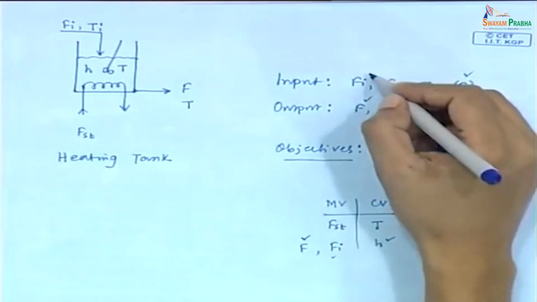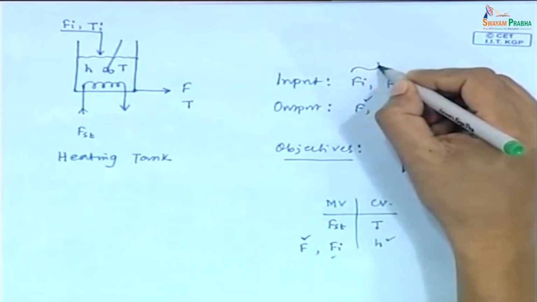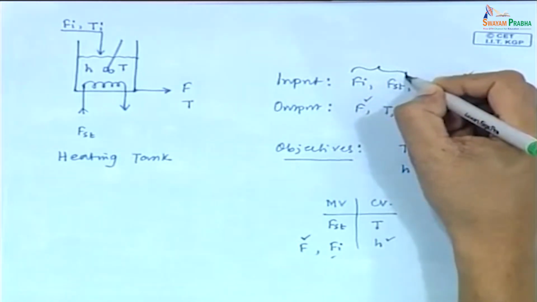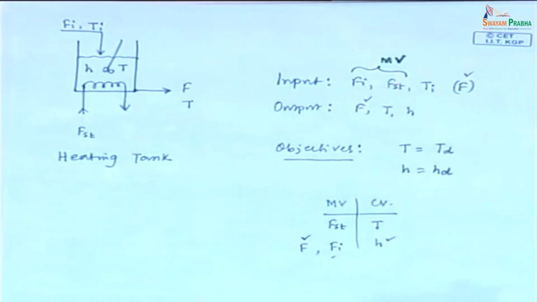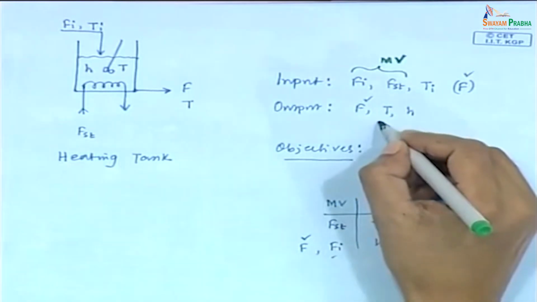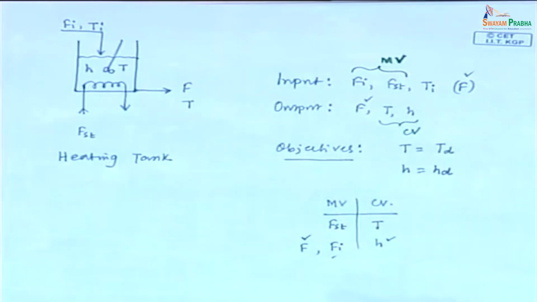So, Fi and Fst, suppose for this case, are the manipulated variables, and T and height are the control variables. So, which one is the disturbance variable or load variable?